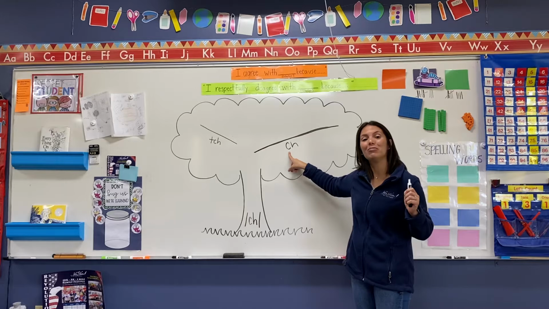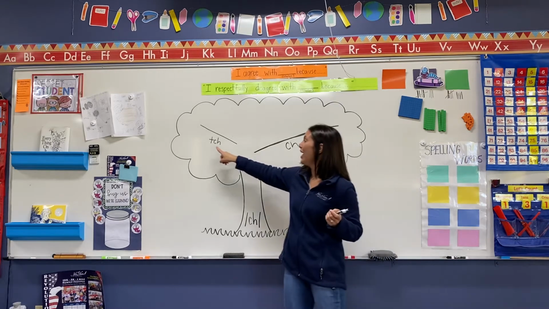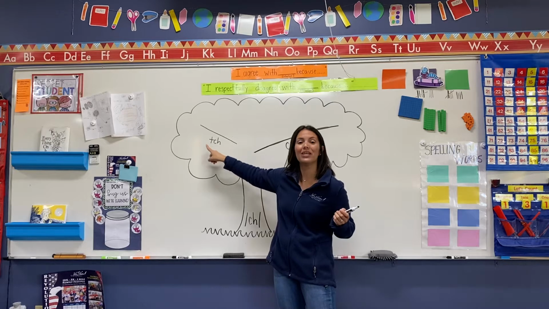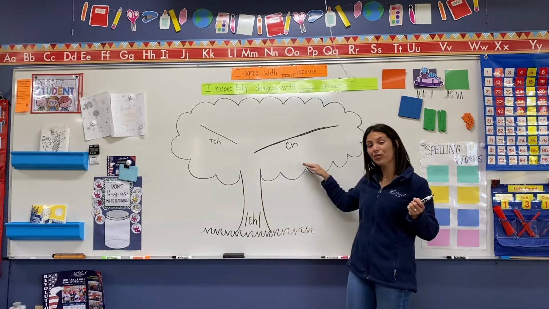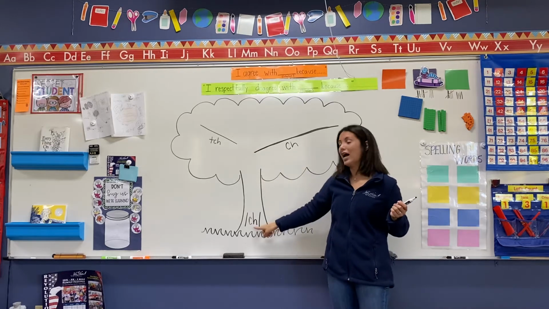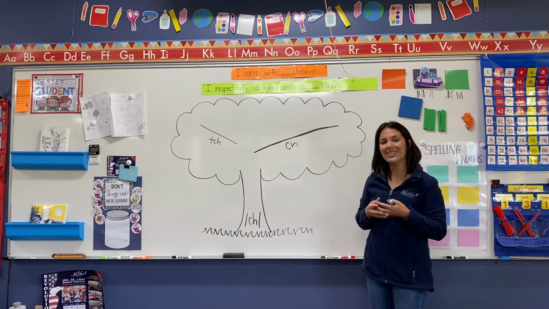One, it can be spelled as a CH. And two, it can be spelled with a TCH. Both of these spellings make the sound ch. But when do we use one versus the other?